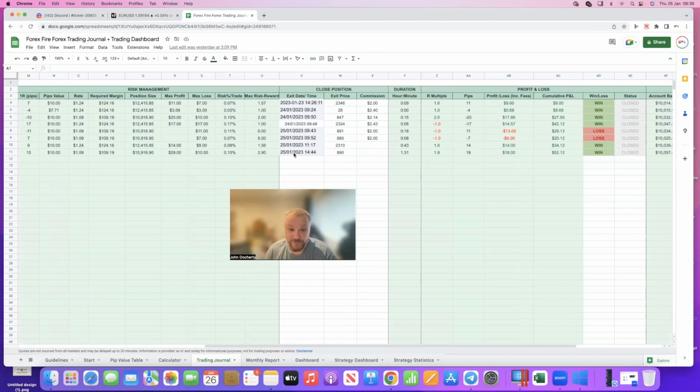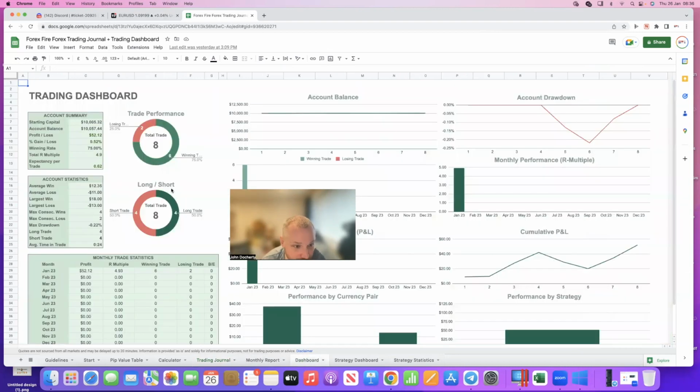So if we've been risking 1% on each trade while we've been learning, the total growth on this account over 3 days would be just over 8%. So this would be around about 8% growth.